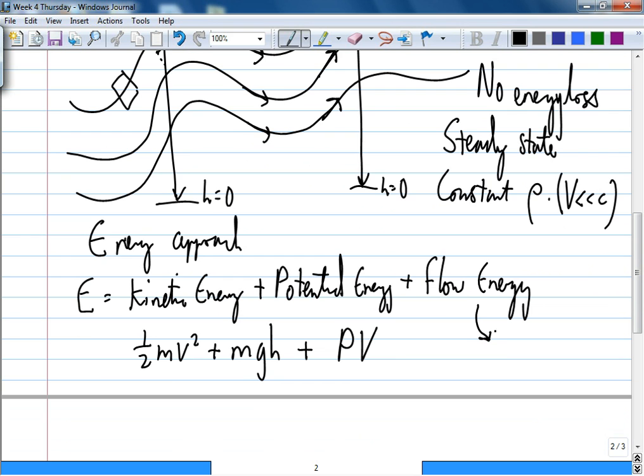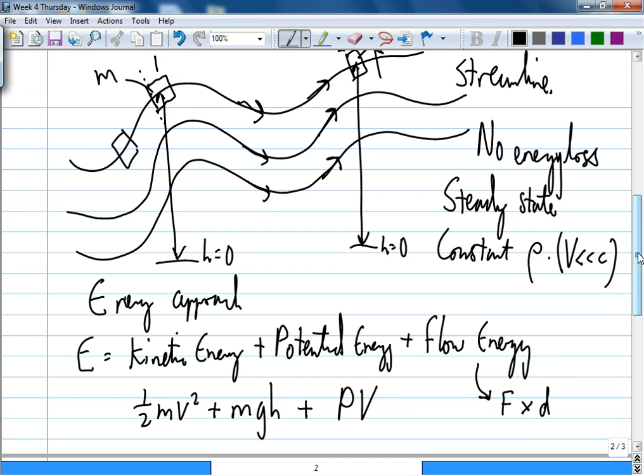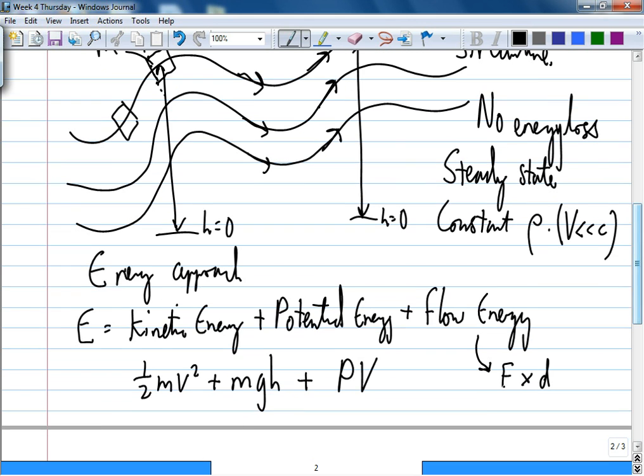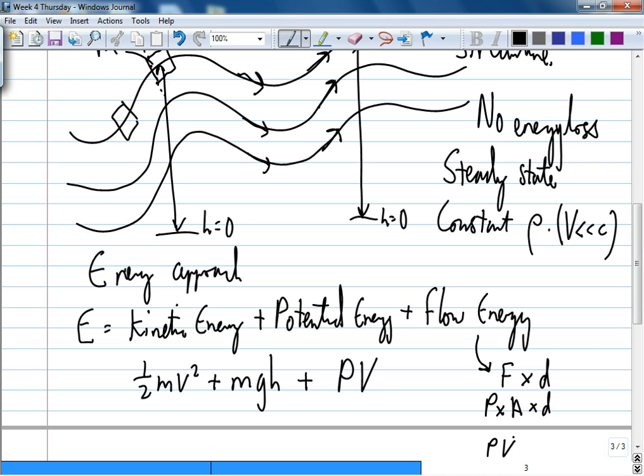So flow energy is force times distance. That's energy, isn't it? To push that blob of fluid so that it moves ahead. Force times distance is energy. This force is equal to pressure times area times distance. Area times distance is volume, so pressure times volume.